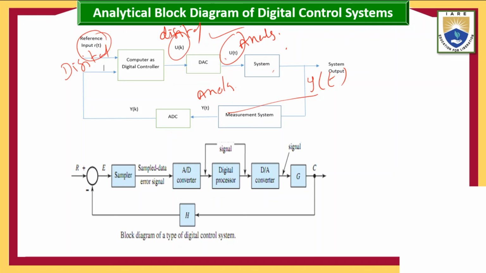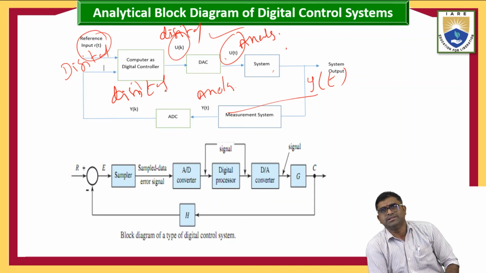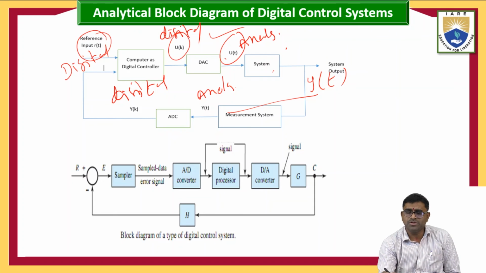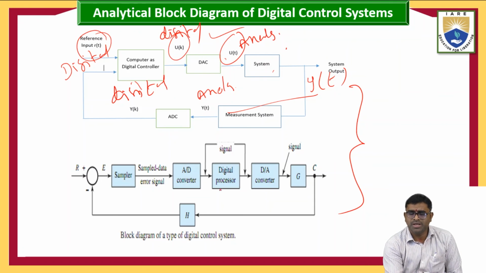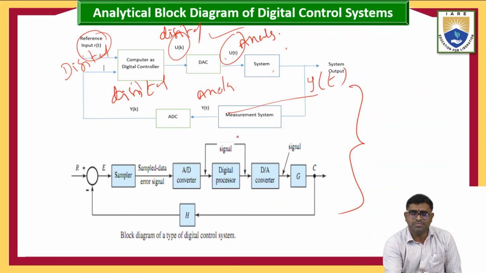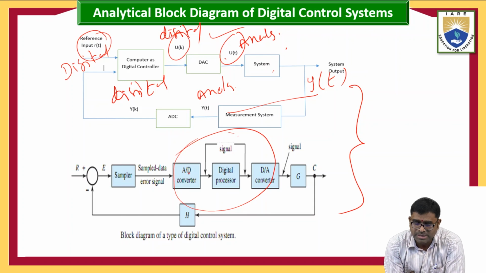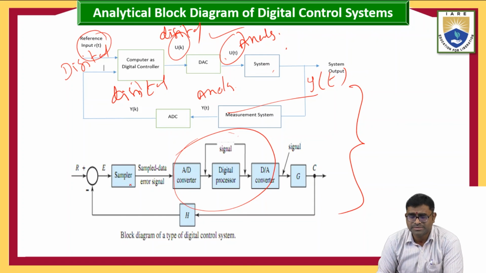Again, this analog form is converted into digital form like this. So I am going to draw this schematically: A to D, digital processor, D to A. This is your signal formation, and here the sample is coming, which I have explained. Before that, I am taking the sampler.